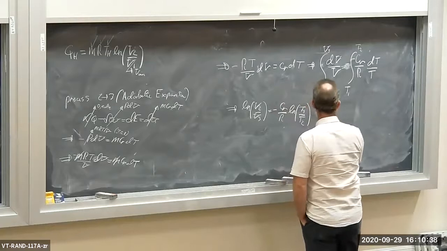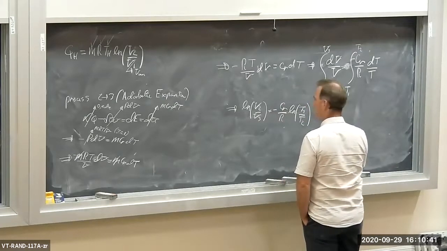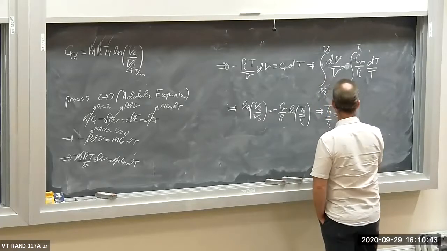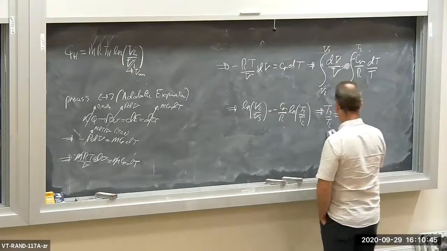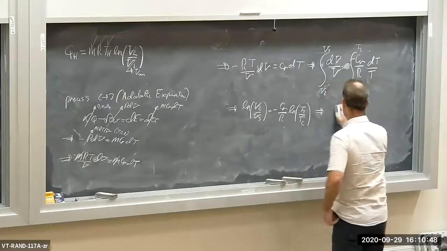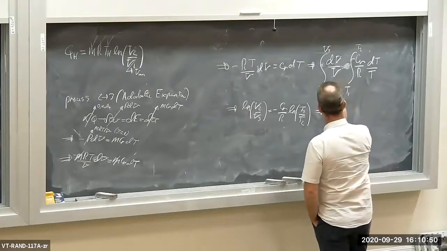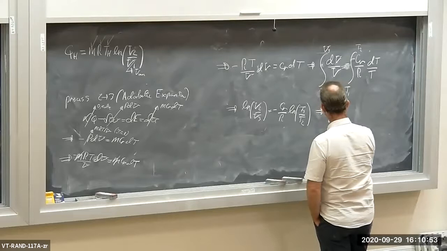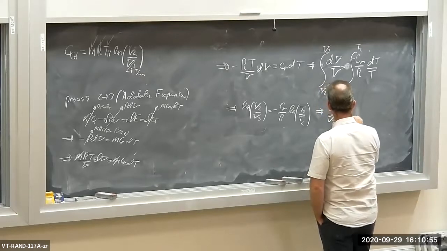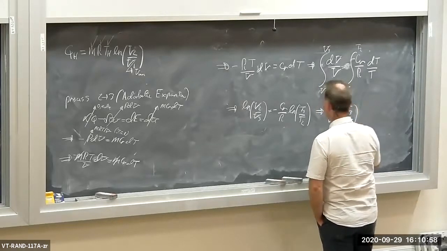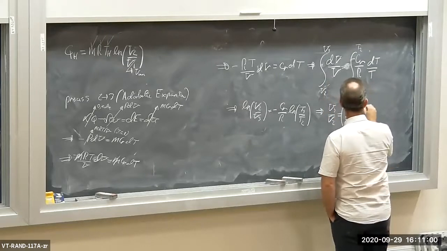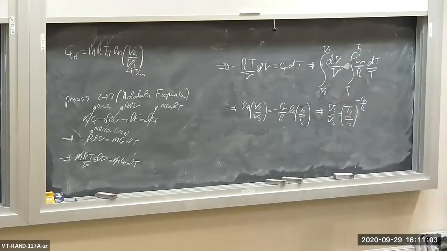So V3 over V2 is equal to T3 over T2 to the minus CV over R power. So for the adiabatic process, the ratio in volume is equal to the ratio in temperature to the negative CV over R. That's what that's saying.